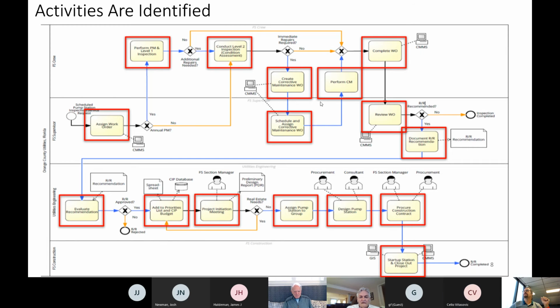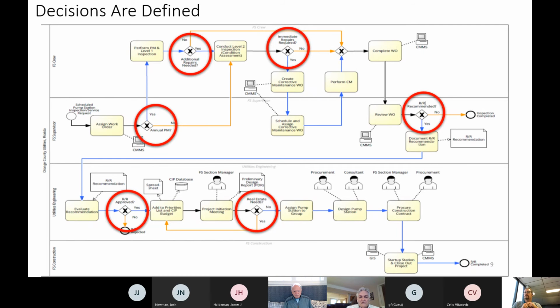So that activity of performing the level 1 inspection is done by that crew. It requires a number of resources, which have a cost. It takes a finite amount of time, which may also have a cost and a duration. And so we can specify all of these things in our diagram as these tasks or activities. They're a very central element in BPMN.